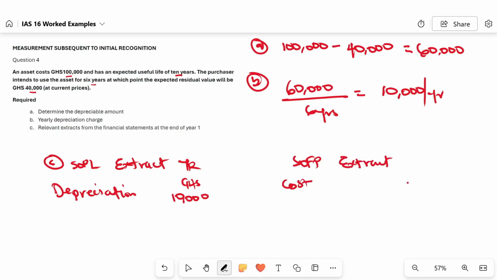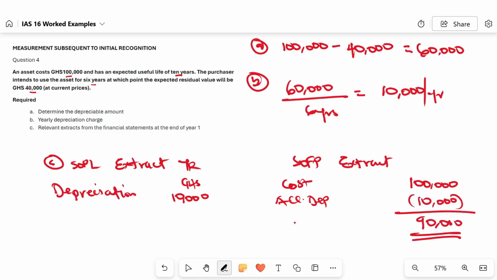The cost of the asset, which is 100,000, and then the accumulated depreciation, which will be 10,000 for year 1 depreciation only, giving us a net book value of 90,000 Ghana cedis. This is how our statement of profit or loss and statement of financial position extract will look like.